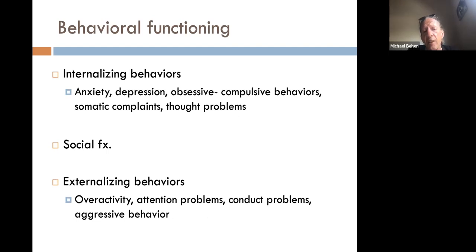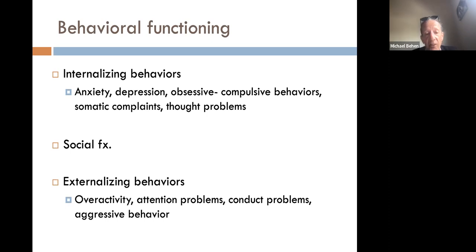Basically what we're doing with those measures is we're getting some ideas. Are there any internalizing behavioral concerns? Is there any distress that we need to be aware of? Is the child worrying? Is the child becoming distressed in certain aspects of their experience? Are they tense? Are they ruminating about problems? Things like that.